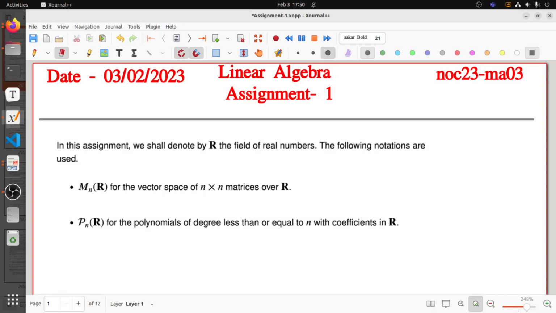Now check the other side. What is this? a dot u plus b dot u. So what is a dot u here? It's u to the power a, plus u to the power b. And what is the addition here? For two vectors, we have defined it by the multiplication, right? u to the power a times u to the power b. So now these two become the same, right?